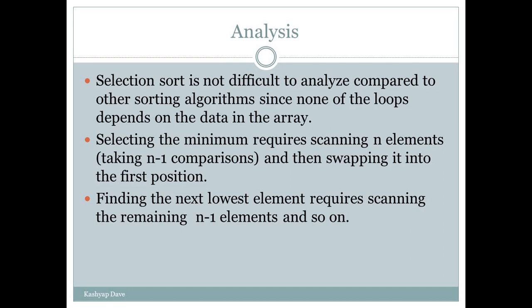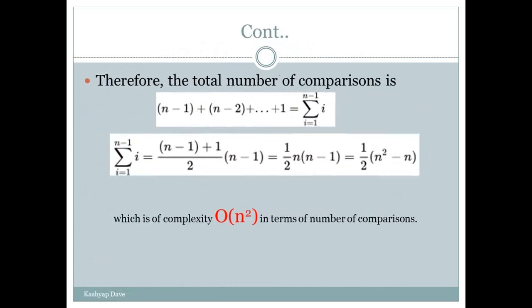Finding the next lowest element requires scanning the remaining n minus 1 elements, and so by this we can see that the total number of comparisons will be 1 plus up to n minus 1. We will not take n because our last element will be sorted directly.